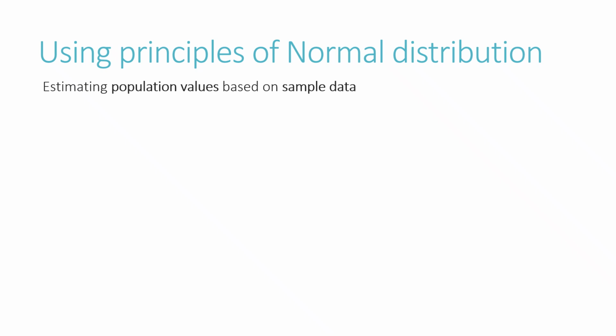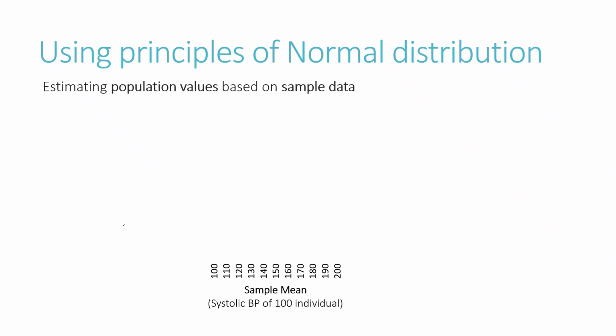The concept of normal distribution is especially important when we are trying to estimate unknown population values, such as the population mean, from limited sample data. For example, suppose we randomly select 100 individuals from a large population and measure their systolic blood pressure.